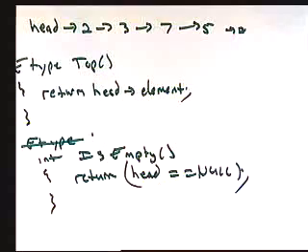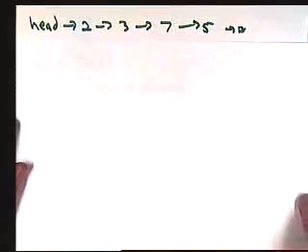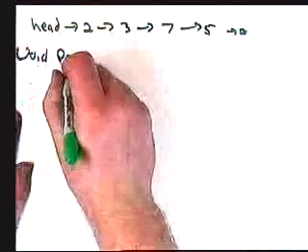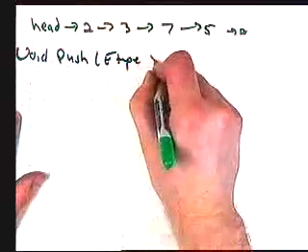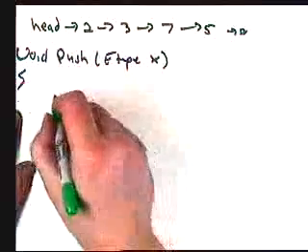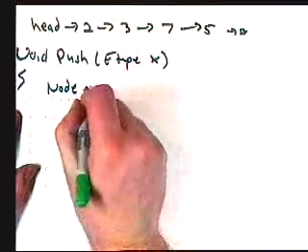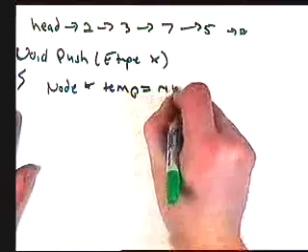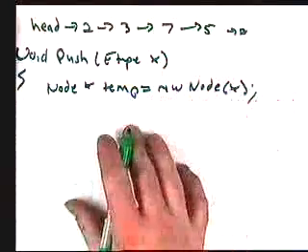Now what I want to do is look at push. Push is simply making use of the idea that I need to create a temp node here. So I can say node star temp equals new node x. So I can see that down here.